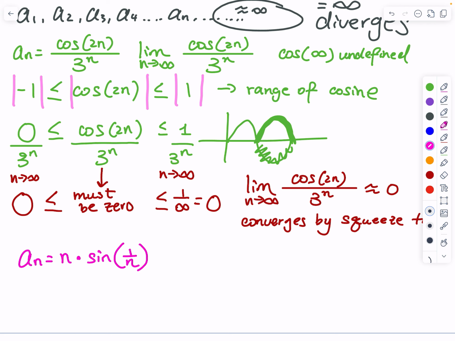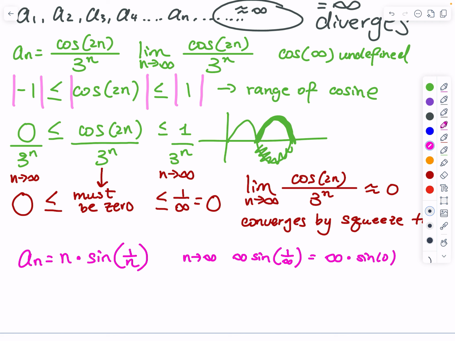When n approaches infinity, you will have infinity times sine of 1 over infinity, which is infinity times sine of 0, so infinity times 0.